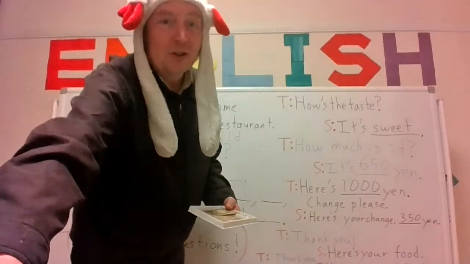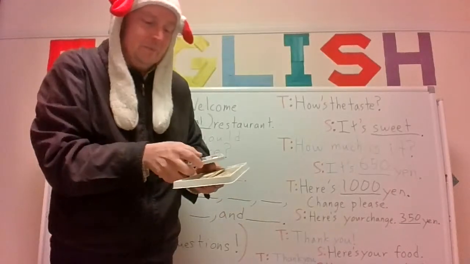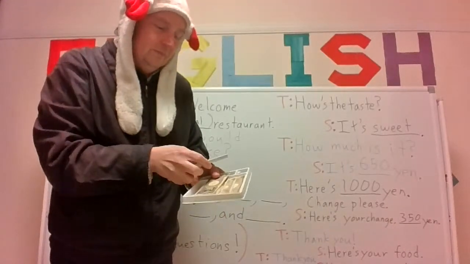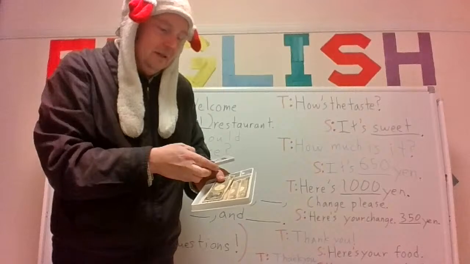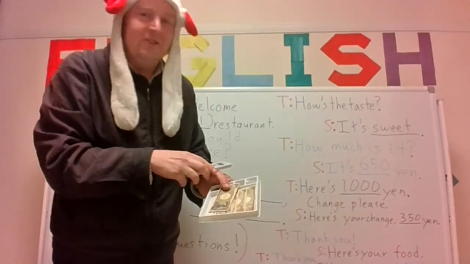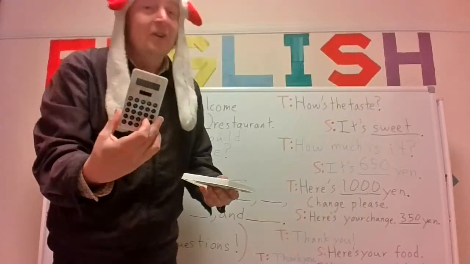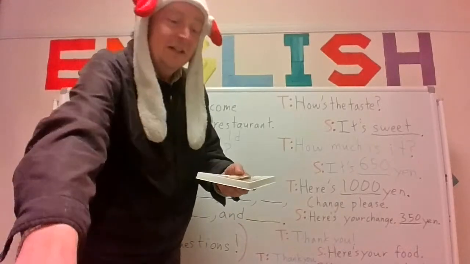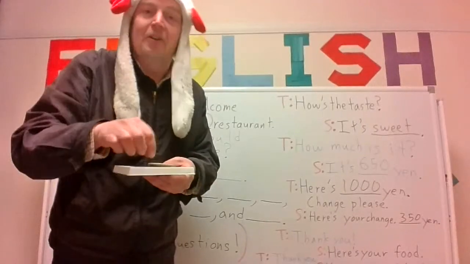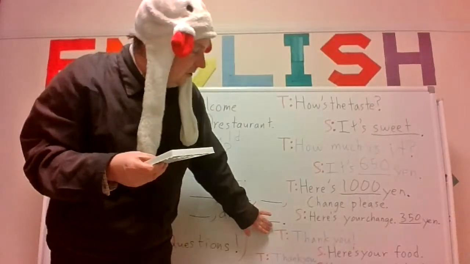My students also have a calculator, so they can do 1,000 minus 650, just so they don't have to worry about whether they can do the math right. Then it's, "Here's your change, 350 yen." So the students would be giving me the 350 yen. And then it's "Thank you."